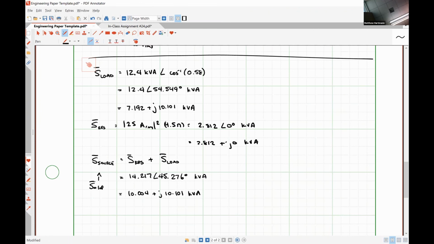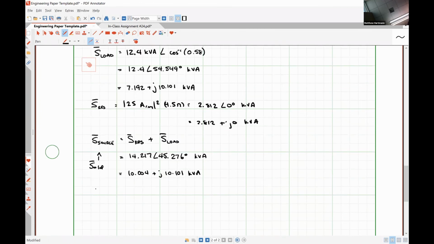Now we can find S new, and it's going to be our average power, 10.004 kilowatts, divided by our new power factor, 0.93, with an angle of inverse cosine of 0.93.